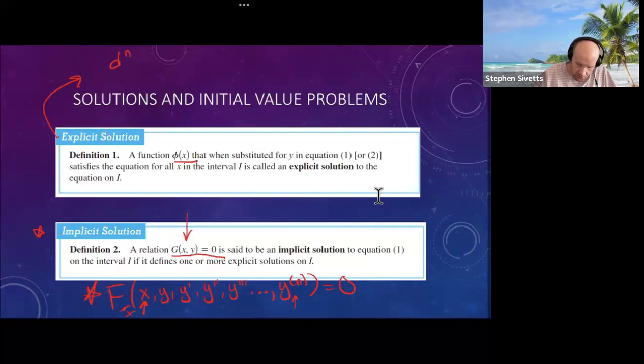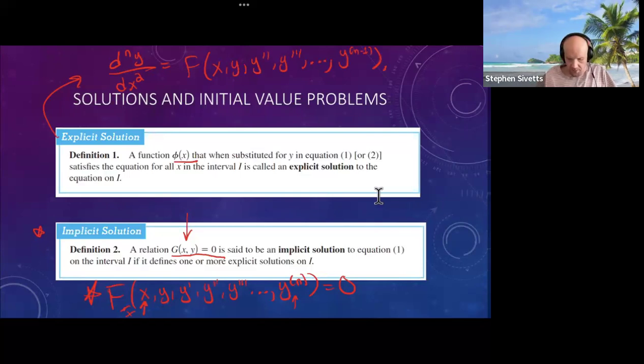So if you can solve the nth derivative in terms of a function, it's y triple prime. So this is an explicit form as opposed to this equation on the bottom. This is implicit. Okay.